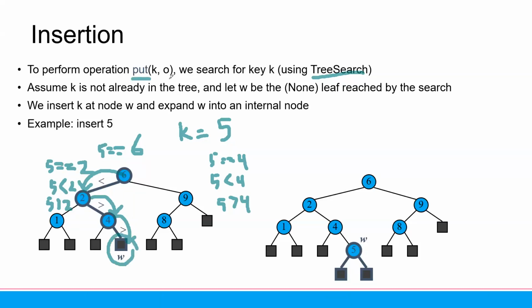We use the function put k comma o to update this one. So we update the w into a node, create a node 5, and then we create a new node. This node will be the leaf.